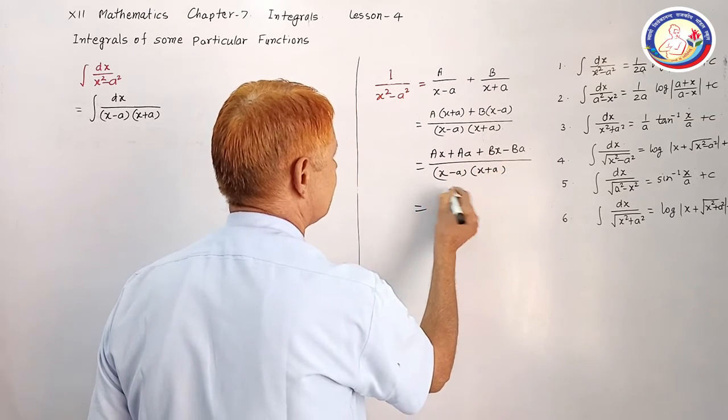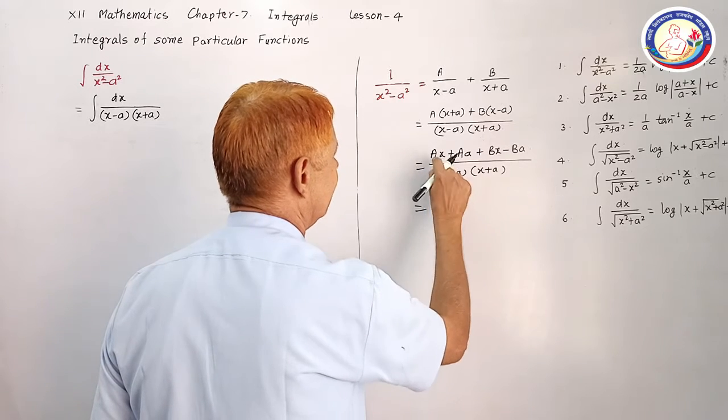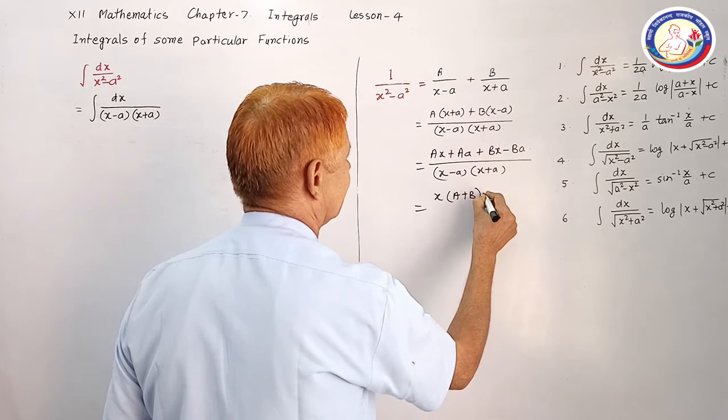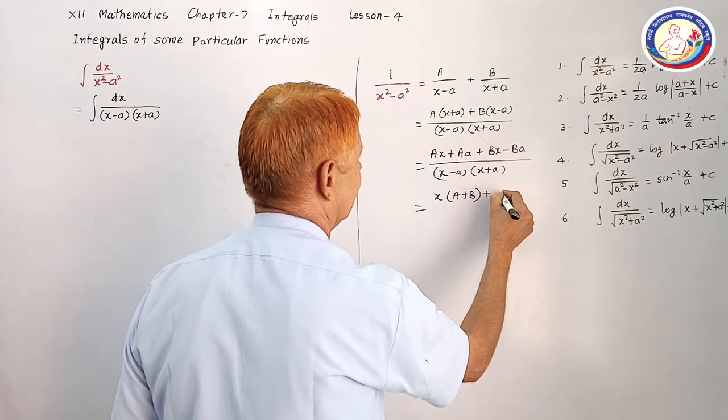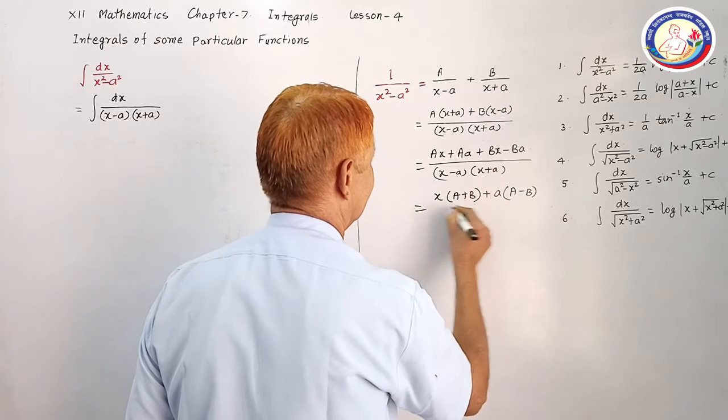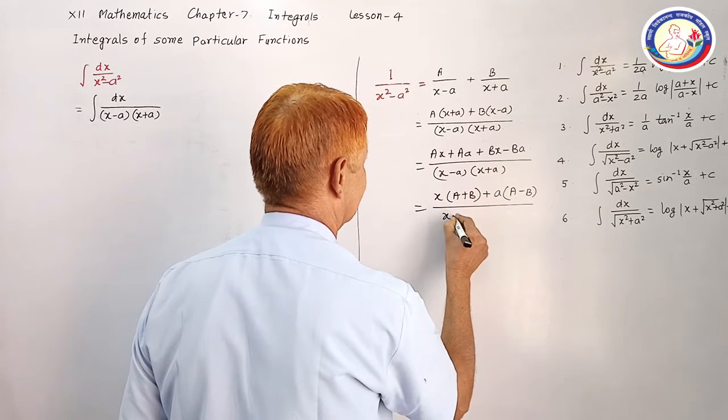Again, x is common in both the two. We shall have A plus B, and a is common, so a into A minus B.